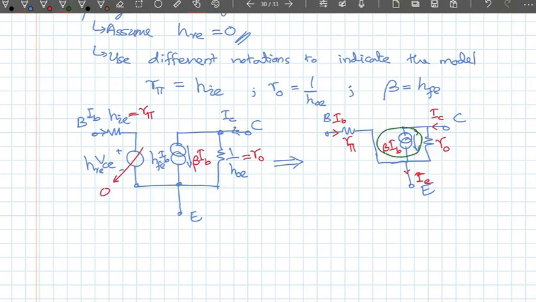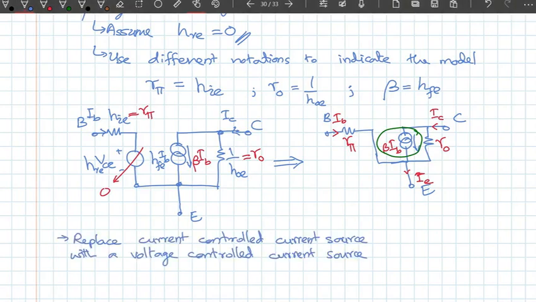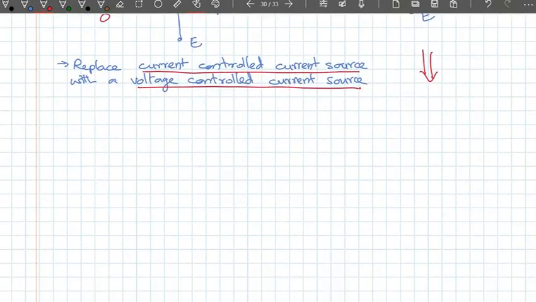Now we can improve this model a little bit by replacing this dependent current source. The current through the current source is IB times beta. Instead of being a current controlled current source, we replace it with a voltage controlled current source. Let me draw it again.